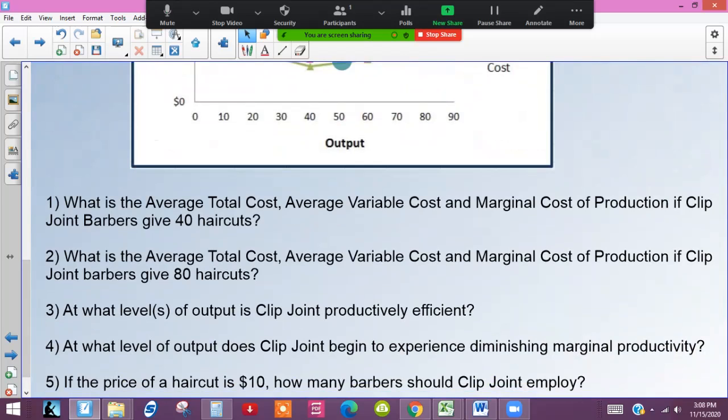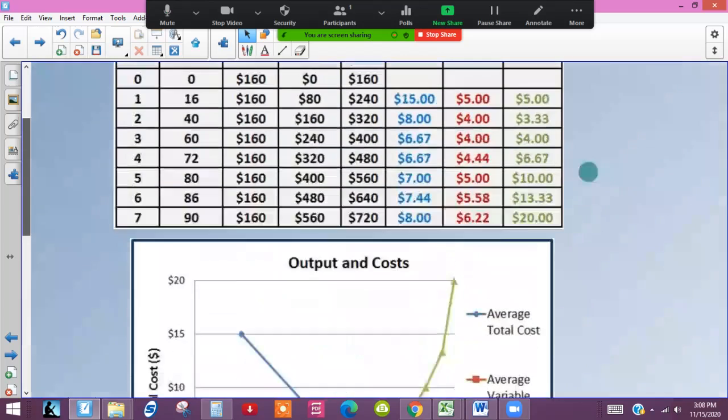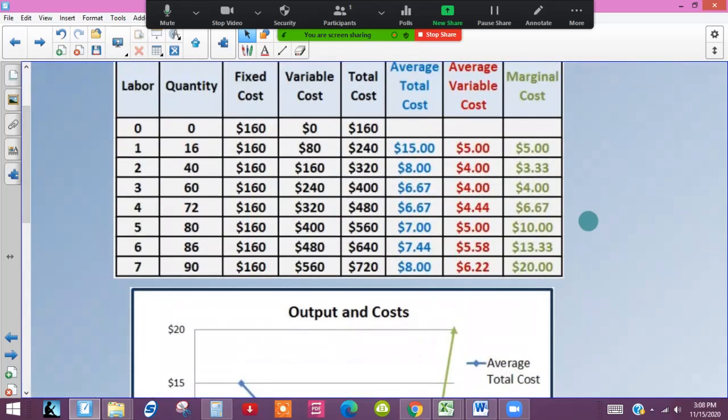Now, in order to get this answer, you're going to have to compute marginal costs for the first 3 or 4 until it starts to go up. So remember, you're going to be dividing the difference in the total cost by the difference in quantity in order to get the marginal cost over here, okay?